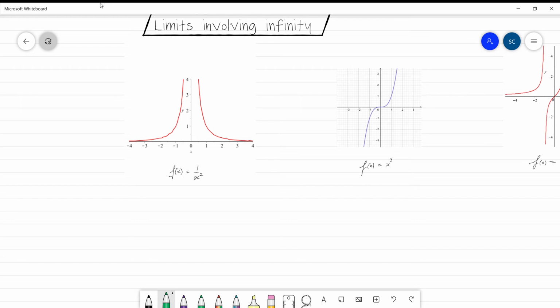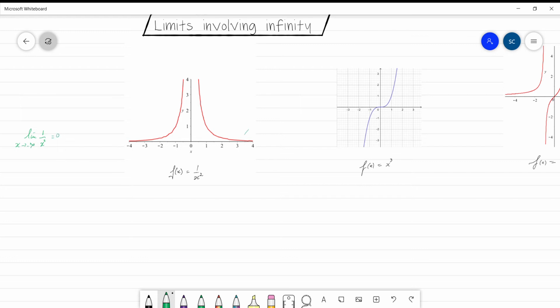We write the limit of f(x), and my f(x) here is 1 over x², so let's write it directly. The limit of 1 over x² as x approaches minus infinity is 0.